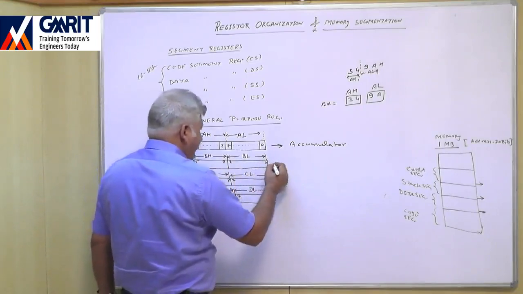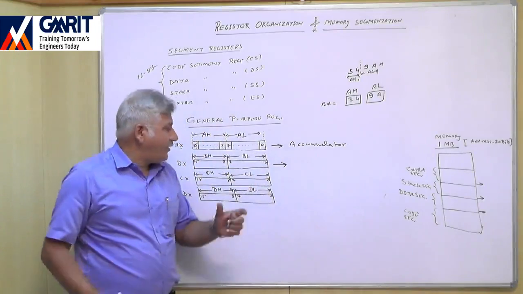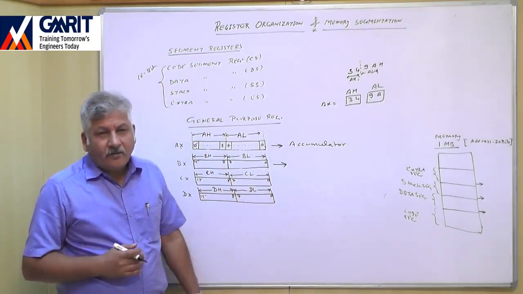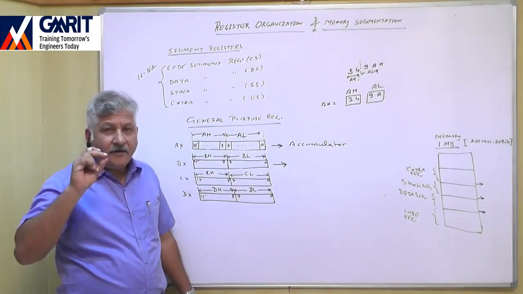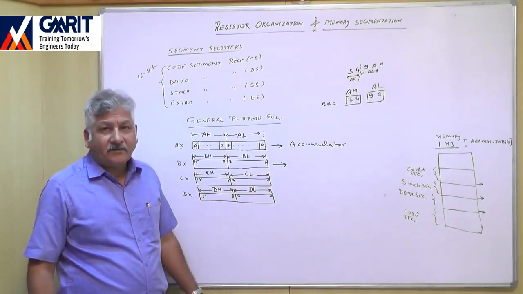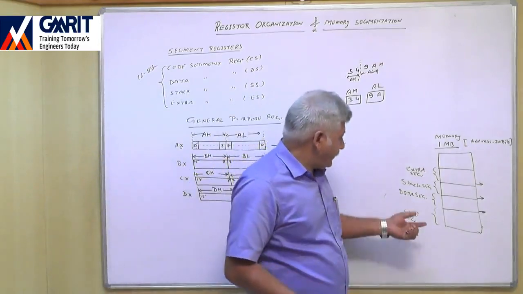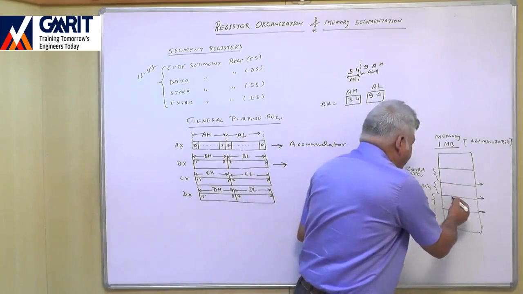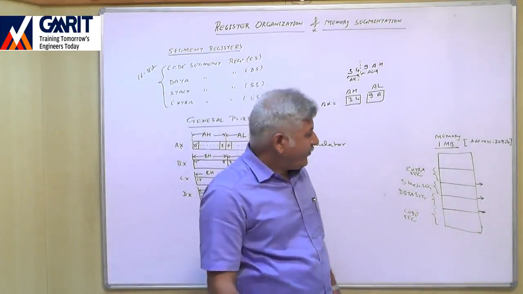Now the BX register. The special function of the BX register is that it is used to access the data in the data segment in some of the instructions, right? Suppose this is our data segment. We can store our content in the data segment.